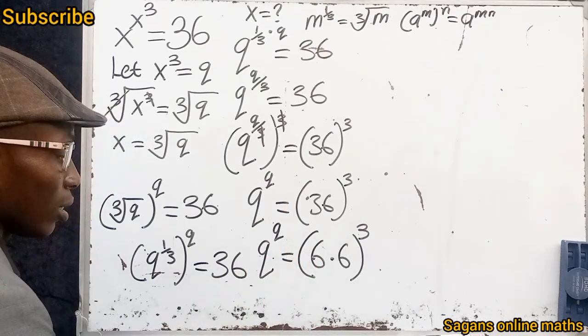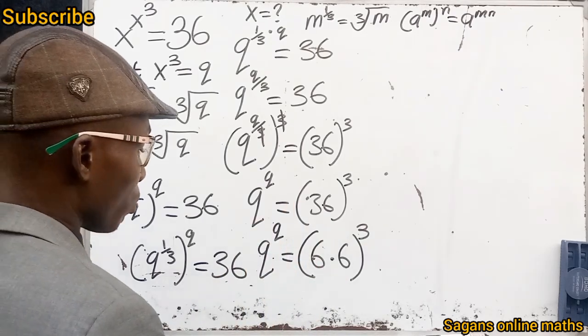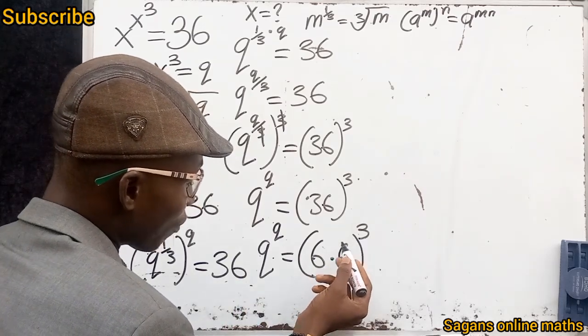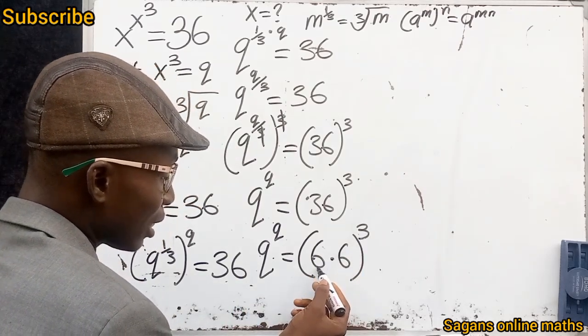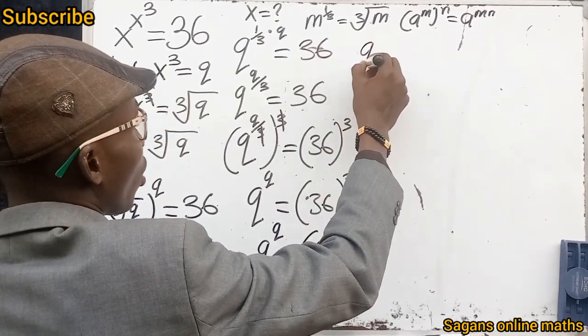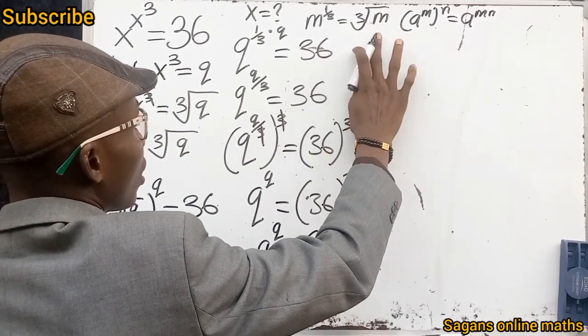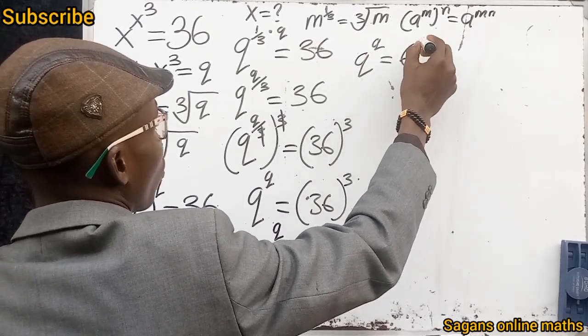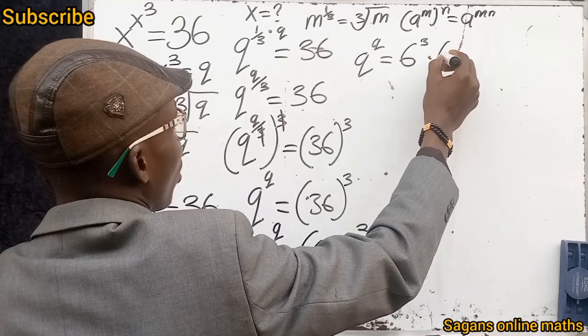This is amazing. But what are we going to do? Observe this question. Know that this power you are seeing is affecting this 6, also affecting this 6. So we want to see that this is Q to the power of Q equals 6 to the power of 3, multiplied to the power of 3.